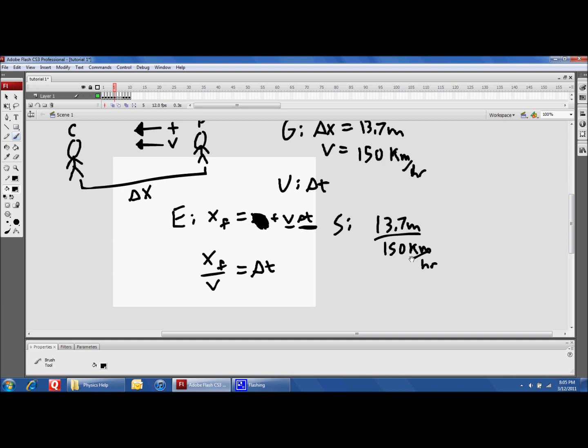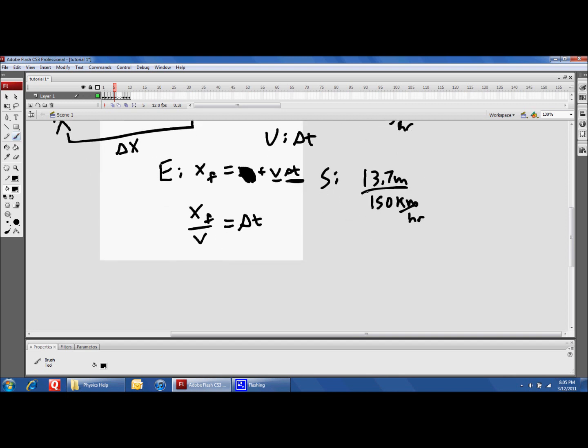Since I don't want to mess with converting the decimal and everything, I'm going to keep it in meters. But also, the problem is we're in hours, and the ball really isn't going to take hours to get from the pitcher to the catcher. So we're going to have to convert both of those into meters per second.